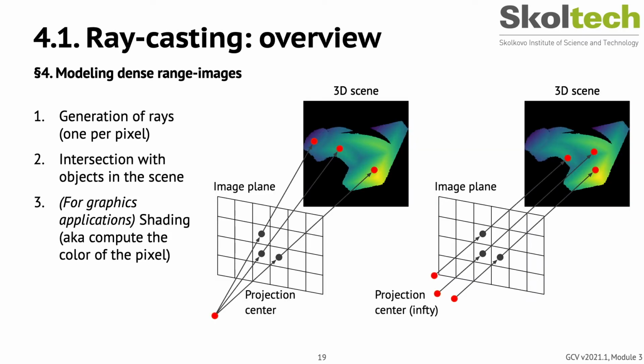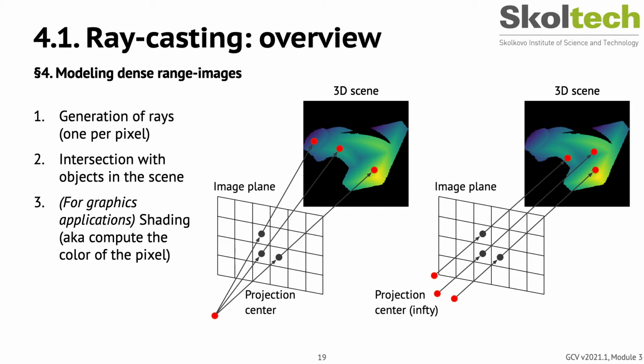To generate a depth map of an object, raycasting requires creating an array of 3D vectors representing rays, one per each pixel in the image, drawn according to the chosen projection model. For perspective projection, rays must pass through the center of projection and the center of each pixel.